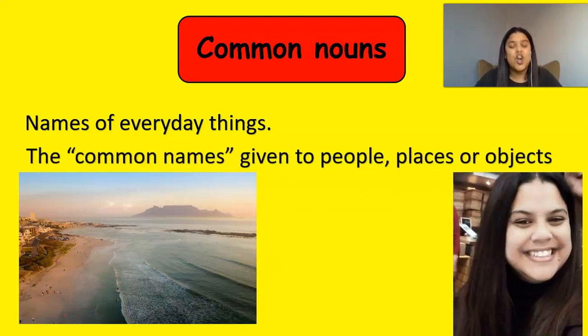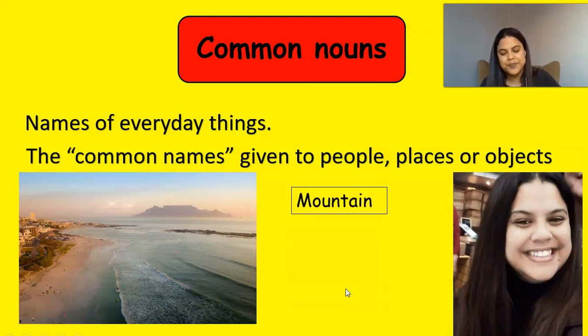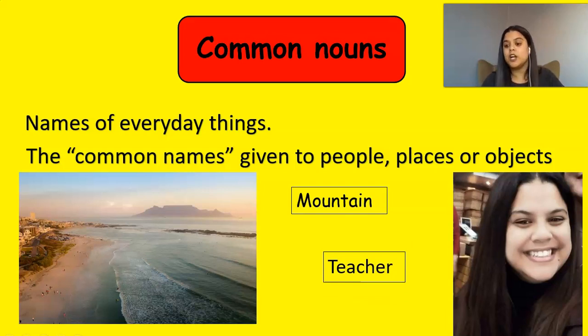Well, common nouns are like the common names given to people, places, or objects. So instead of me saying now that this is Table Mountain, the common name for it is a mountain. And instead of me saying that this is Nicole Frank, I'm going to give the common name for me in this format, which is a teacher.